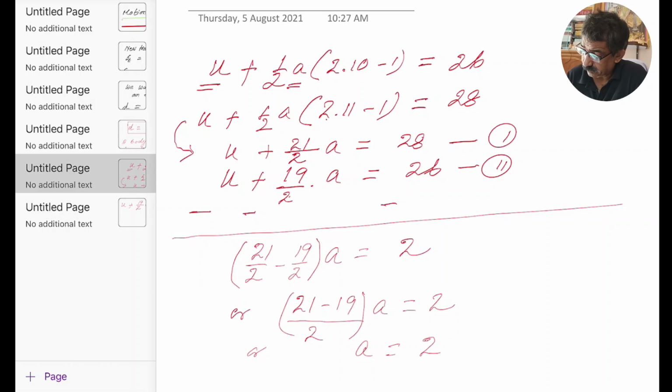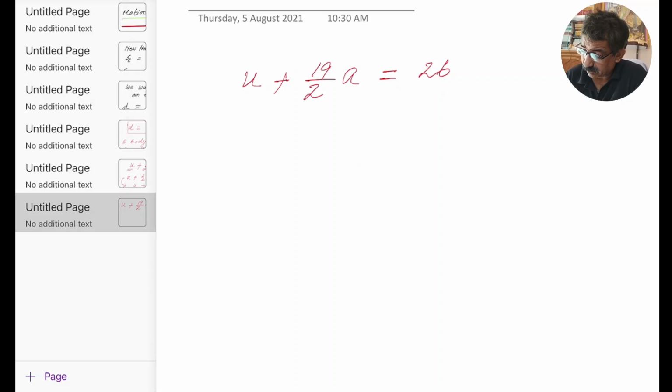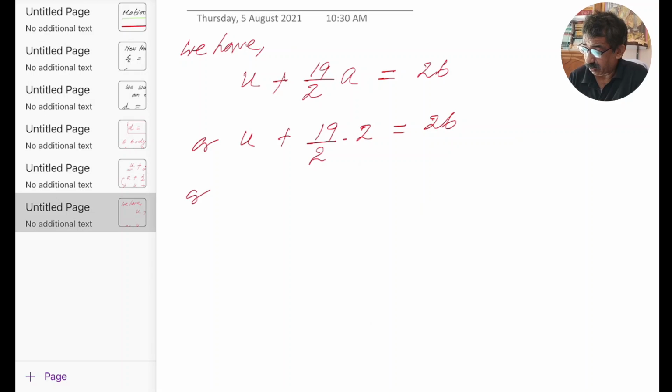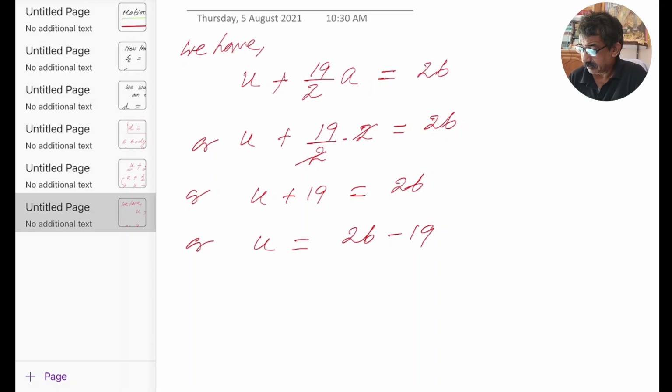Putting the value of a, u plus 19 by 2 into 2 is equal to 26, the 2s cancel, so u plus 19 is equal to 26, or u is equal to 26 minus 19, or u is equal to 7.